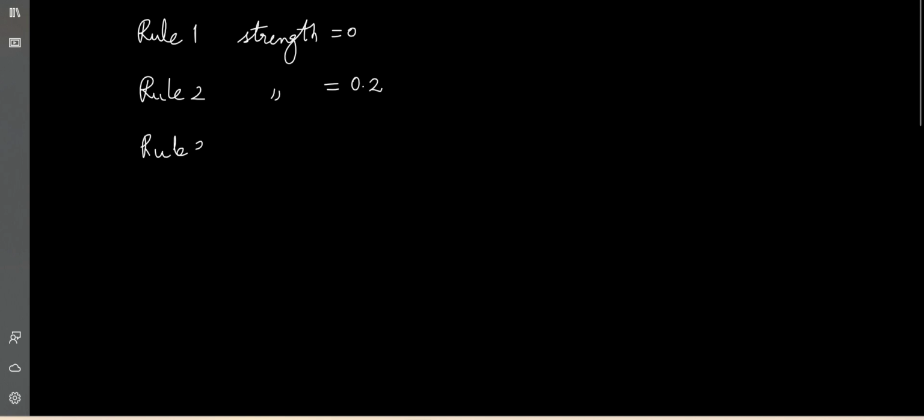And similarly, rule 3, which is the hot condition. Rule 3 says if temperature is hot, fan speed is fast. Since hot membership is 0.4, rule 3 strength is 0.4. So we got these three rule strengths. Now when we associate with the output, this is the rule, this is the output set, which is the fan speed in terms of percentage, and we can associate its strength based on these rule strengths.